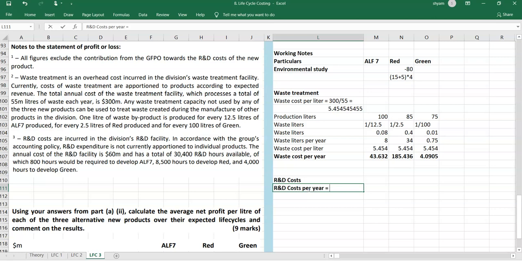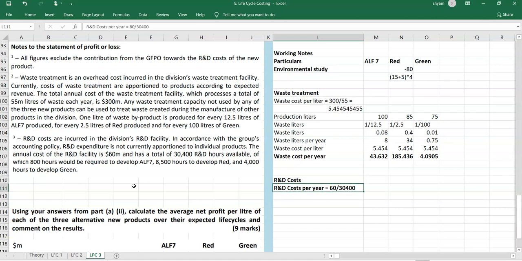We have always worked on 60 million, so we'll use it in that manner itself. So 60 million is spent for 30,400 hours in a year. Okay, in a year, and this is a one-time cost.